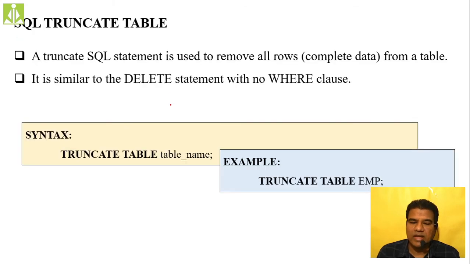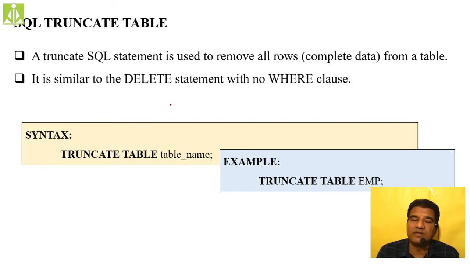Okay, so then we have truncate table. This truncate table is also used to delete the records from your table, to delete the rows from your table. But unlike the delete command, we don't have the flexibility to put the where clause inside the truncate table command.